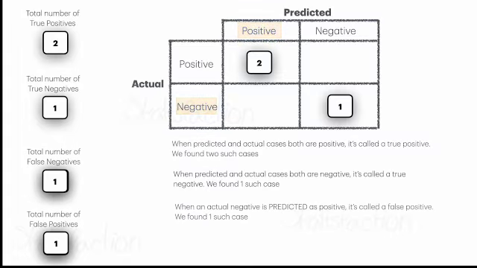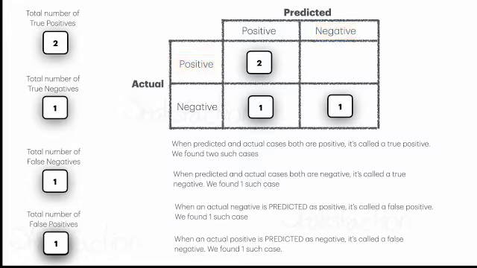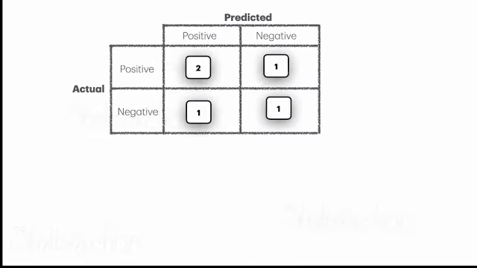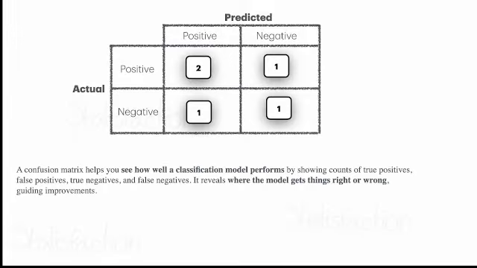When an actual negative is predicted as positive, it's called a false positive. We found 1 such case. When an actual positive is predicted as negative, it's called a false negative. We found one such case. With that, we have a confusion matrix.